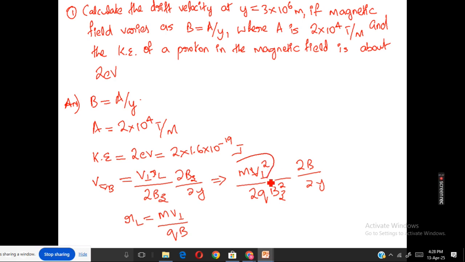Here this term, half m v square, is the kinetic energy, which is given, and q we know.